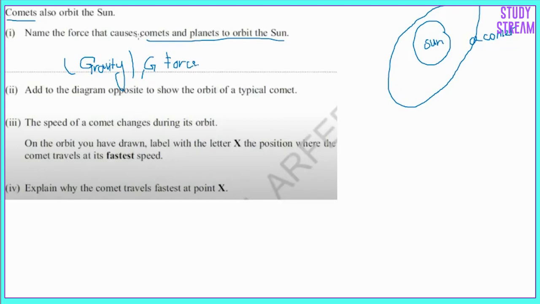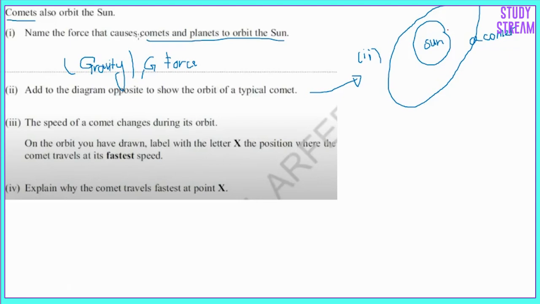Yeah. Then add a diagram opposite to show the orbit of a typical comet. I think that shows already the orbit, so this is the answer for that. And then the speed of a comet changes during its orbit. On the orbit you have drawn, label with an X the position where the comet travels at the fastest speed.